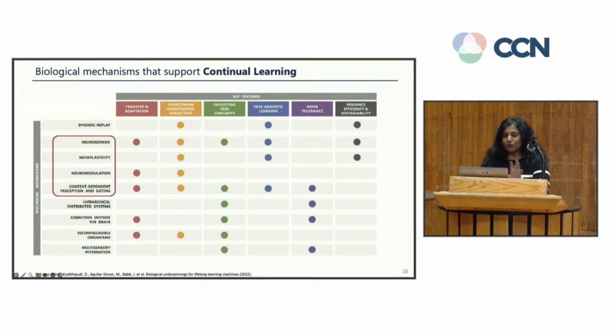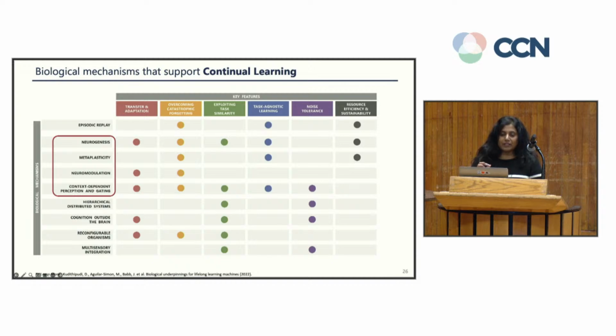I know there is a lot of information in this plot here, and I would say that we've discussed this chart for almost 4 months because there are 44 co-authors, and it was not easy to come to an agreement as to what biological mechanism corresponds to what feature in continual learning, or what are the demonstrated models right now.